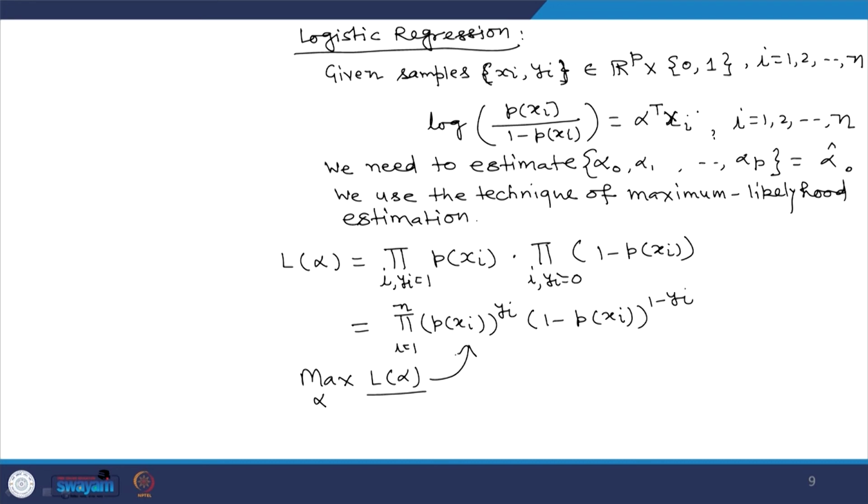Now you can see all these are probabilities and they are positive values. So maximizing a function is the same as maximizing the log of a function, because it is positive and so monotone increasing. So, instead of maximizing this particular function, I will maximize the log of L(alpha).